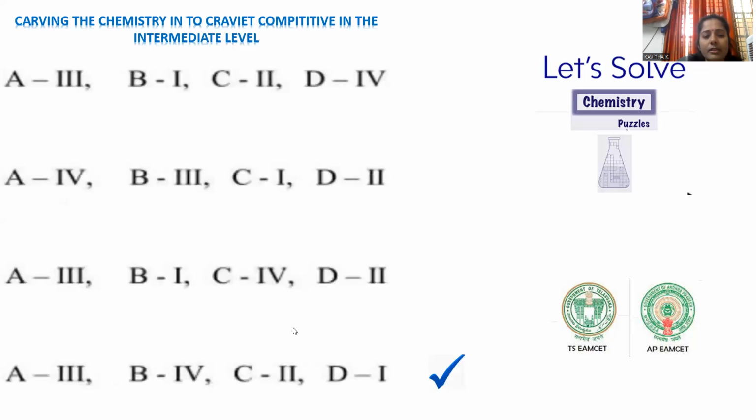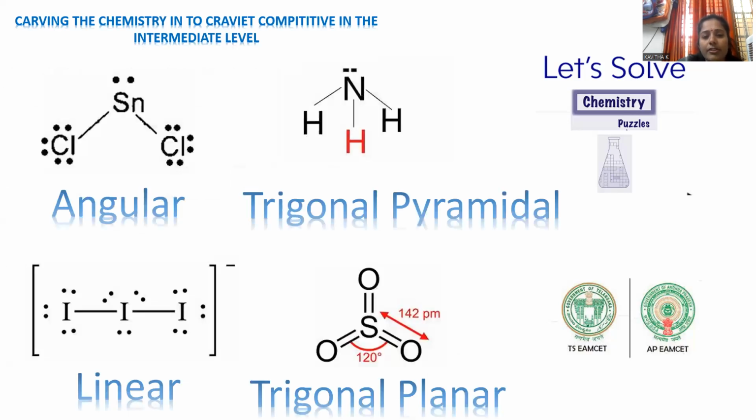Right, this is the right representation of matching the following, and here is the geometry of all 4 compounds provided over there. SnCl2 will be drawn like this, and you can see clearly it is the bent angular geometry. If you are taking ammonia, where the lone pair of electrons resides on nitrogen, we can say trigonal pyramidal with sp3 hybridization.